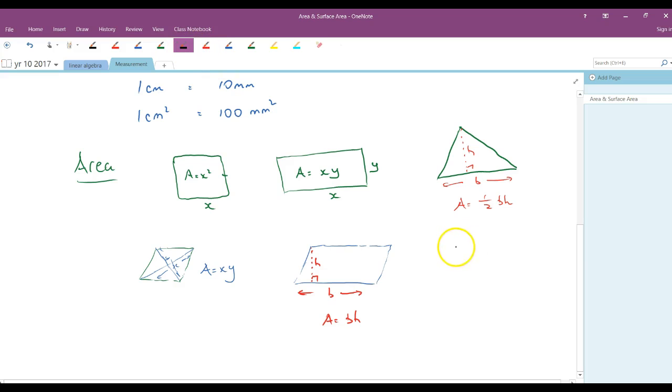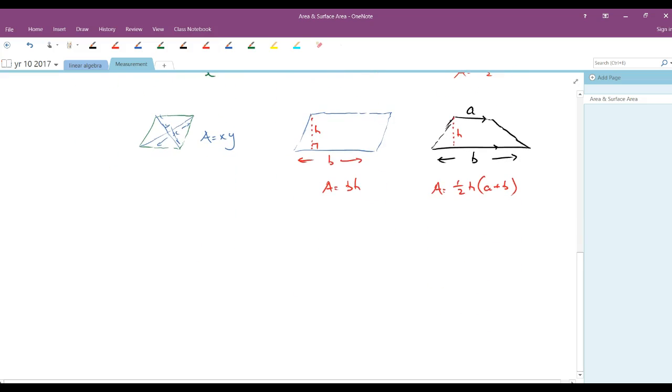Okay, what about our friend the trapezium, where we've got one pair of parallel sides? We might have sides A and B, the parallel sides, marked with little arrows there. We've got a height, and our area is 1/2 height by the sum of A plus B. That's our trapezium area. Now what about a kite? A kite has adjacent sides that are equal like this.